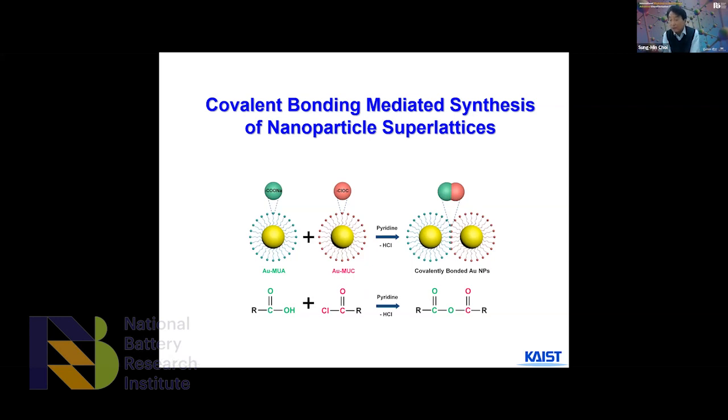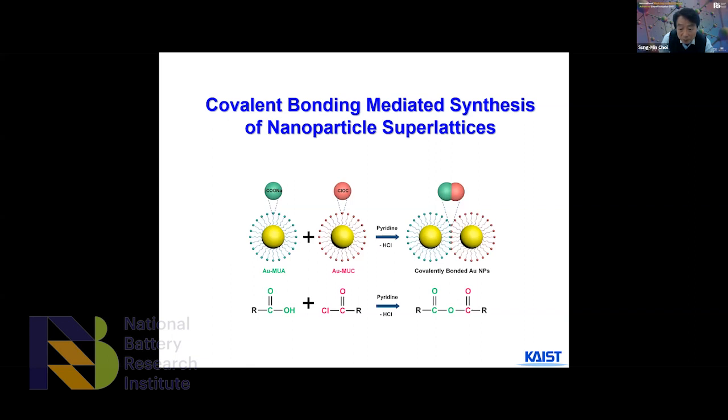This means these two particles are connected. So covalent bonding is like atoms making bonds with neighboring atoms. It's like a nanoscale version of atomic bonding, you may call it.